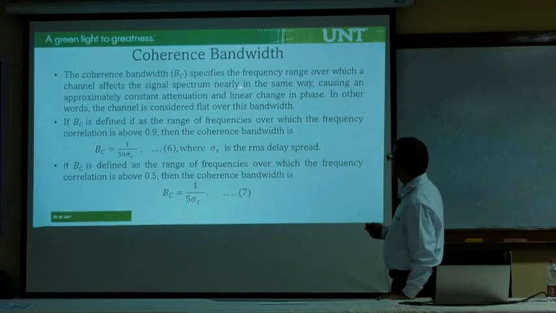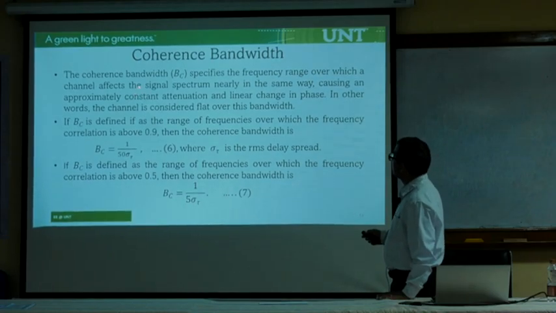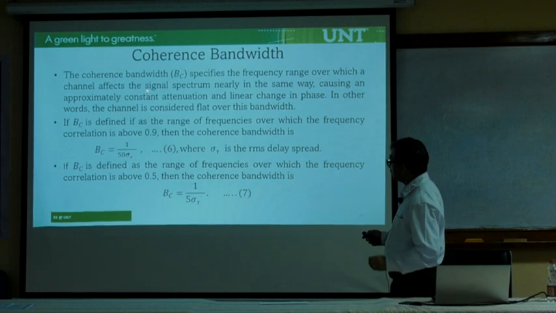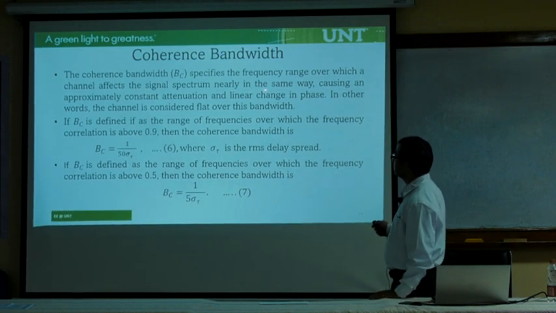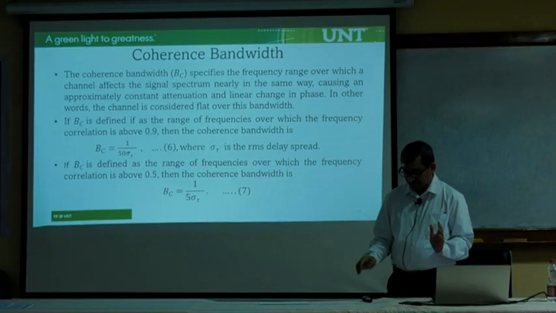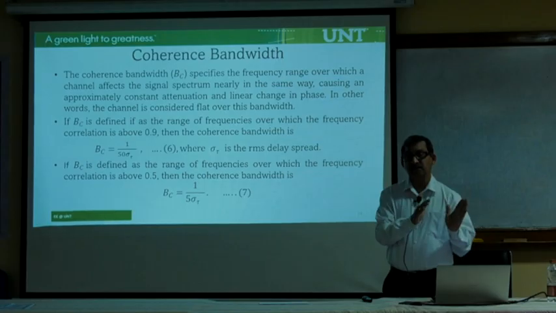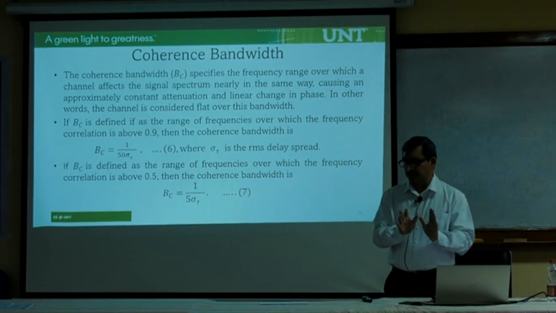We say coherence bandwidth is the frequency range over which channel effects or channel parameters are going to be the same. So what we are saying is, what is the range of frequencies over which the channel behaves exactly the same way.